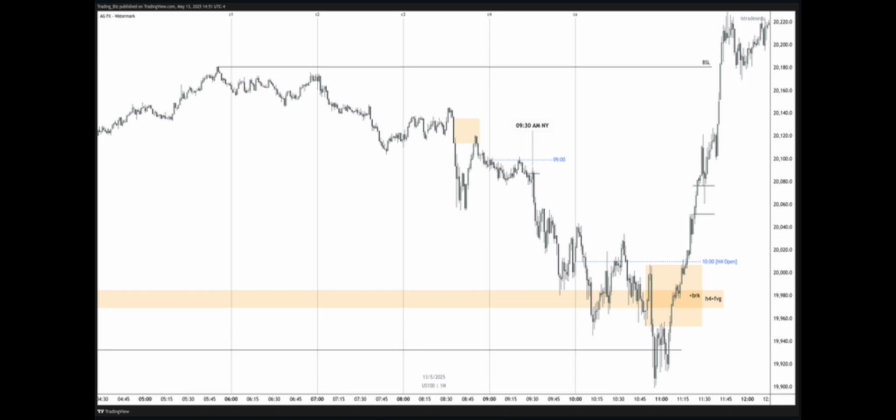What I'm expecting is for that 9 o'clock to most likely manipulate this high before expanding lower to this fair value gap. I'm expecting that to happen at or before 9:30. From what we can see, around 9:30 price did not manipulate the high. It just kept expanding lower.